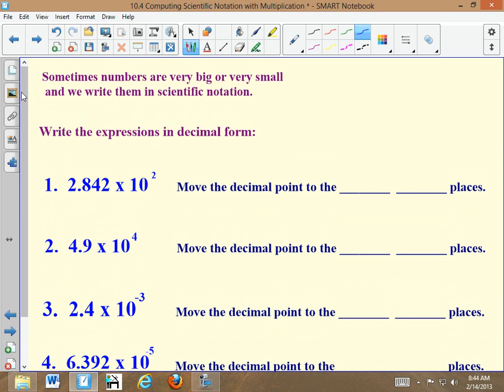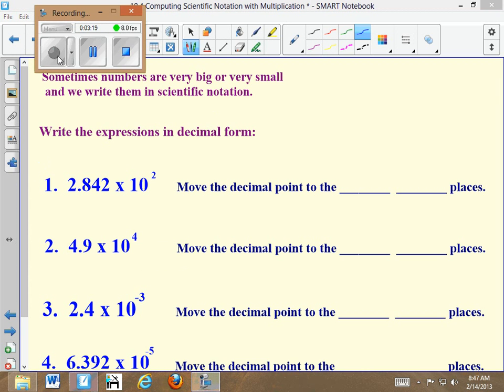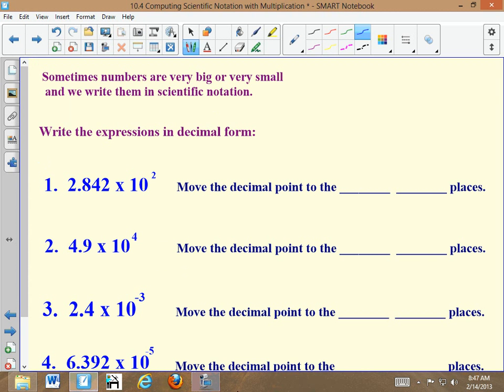When numbers are very big or very small, we write them in scientific notation. I'm going to write this expression and convert it into decimal form. So here is how we convert scientific notation back into decimal form. This right here, this is scientific notation.